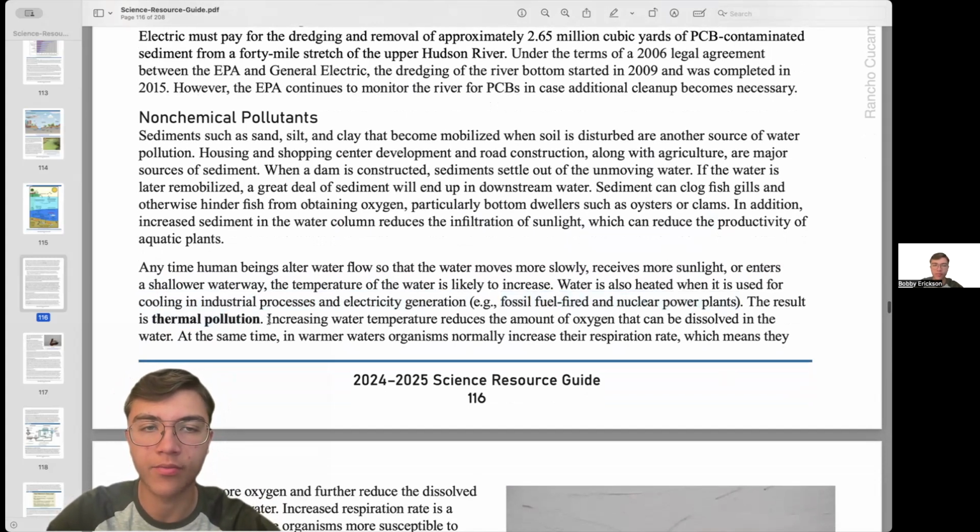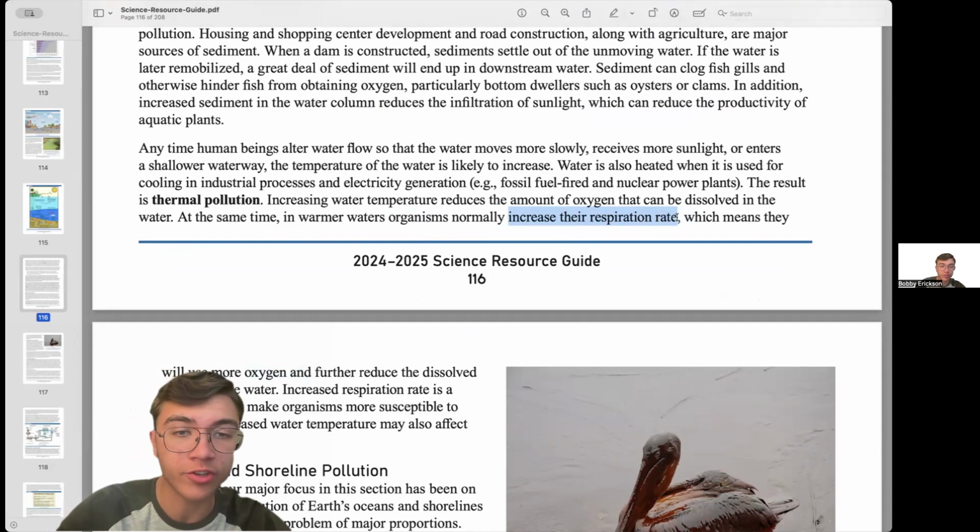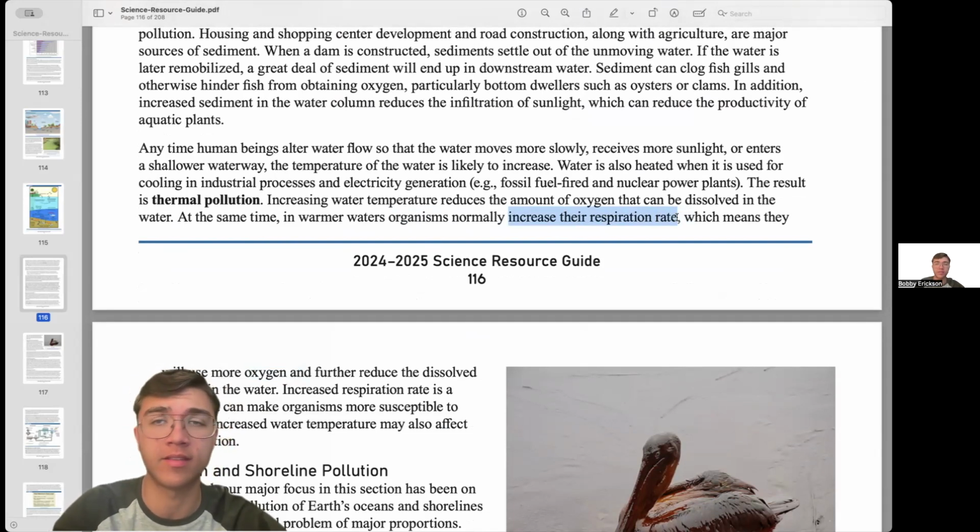So if we thermally pollute the water, the problem here goes back to oxygen again. It actually reduces the amount of oxygen that can be dissolved in the water. Now, water organisms still have the same respiration rate, which means they'll use more, it will actually increase their respiration rate in warmer waters, which means they're using more oxygen and there's less oxygen in the first place inside of the water.